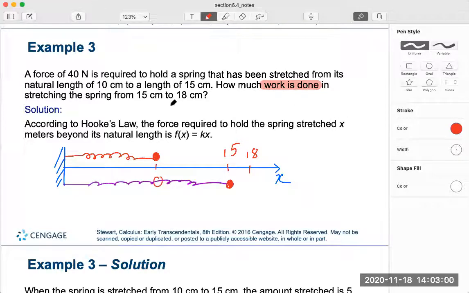So since we are given Hooke's law, remember that Hooke's law satisfies this equation. Force is k times x. Okay. Now, according to the problem here, what are we given?